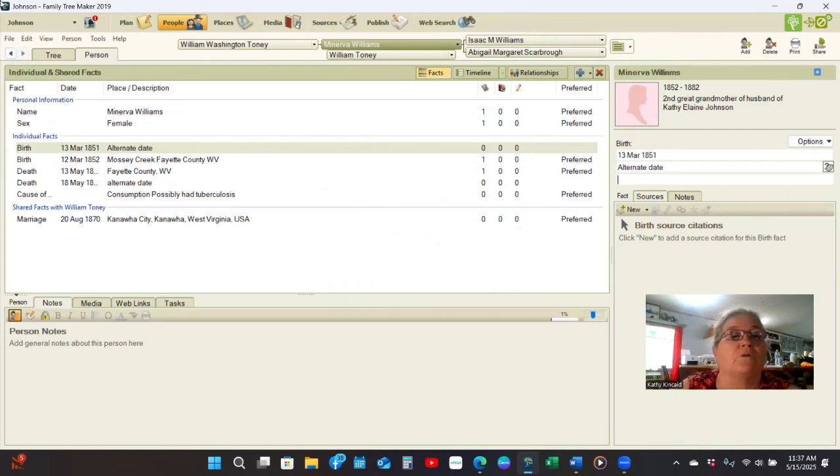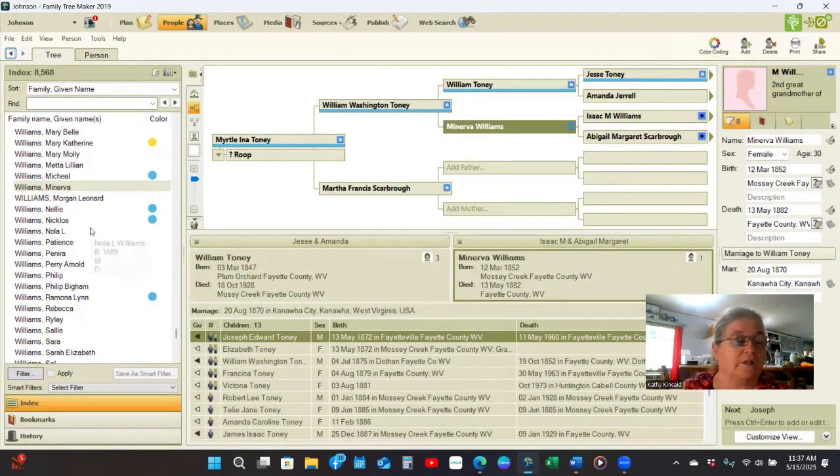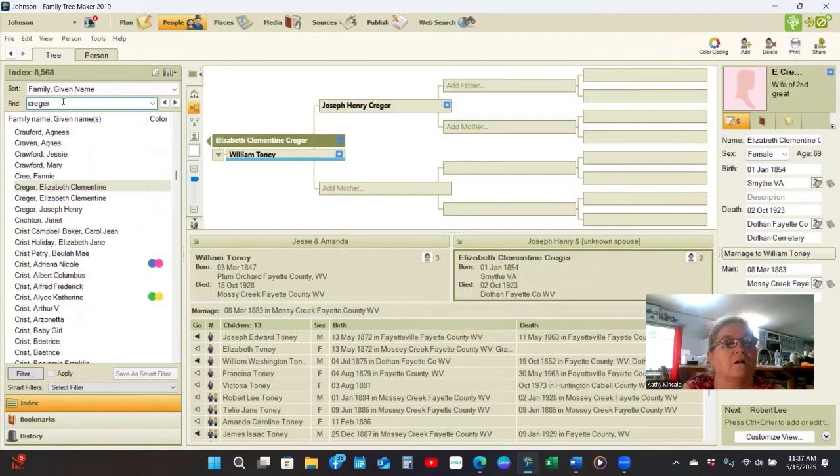Okay, so that one is done. And then the next one, we're going to go back to the tree, actually. And we're going to look up Kreger. Okay, so now if you see there, we have two of them. So let's check the information on both of them. This one, January the 4th, or 1st.